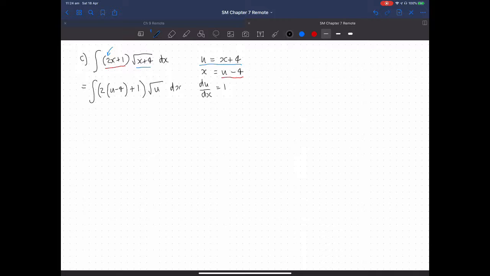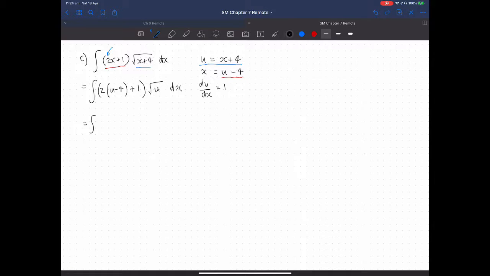Our problem here is, though, we now have everything in terms of u, and we've got dx. That's the wrong variable. We need to have du there. But what we're going to do is use a trick. You know, 1 times anything is itself.